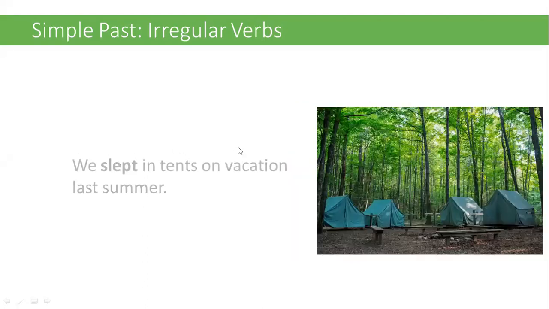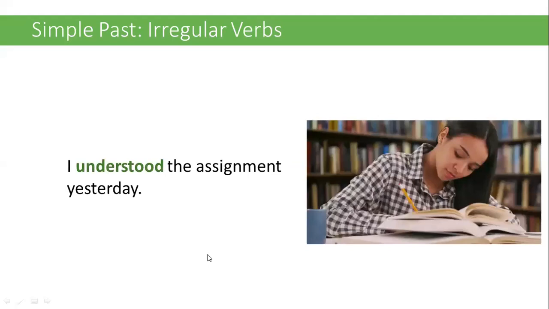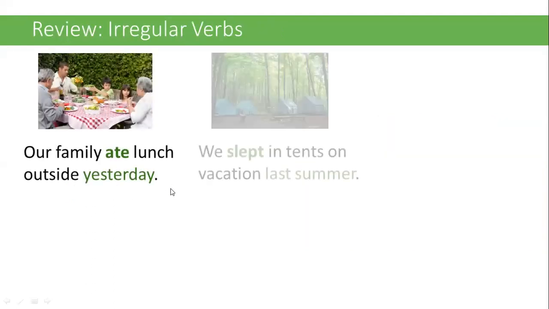Next, we slept in tents on vacation last summer. You see, slept is the second verb of sleep. All right, very good. Next, I understood the assignment yesterday. What is the original verb of understood? Understand, correct, very good.